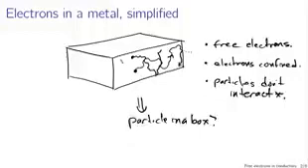Those are some pretty stiff assumptions, and they're probably not correct. But if we make those assumptions, we can actually solve this problem and figure out what the quantum mechanical structure is. That's a very useful thing to do, so we're going to go ahead and do it.